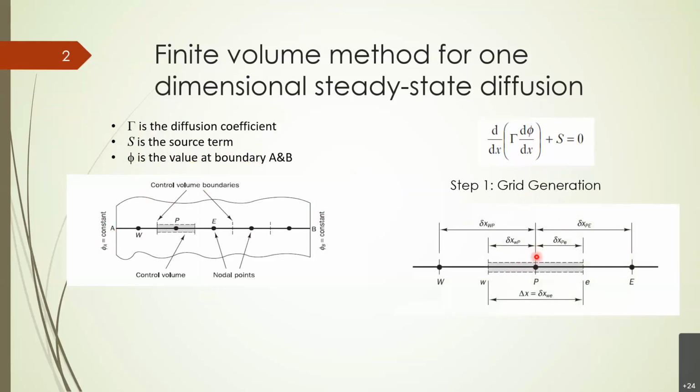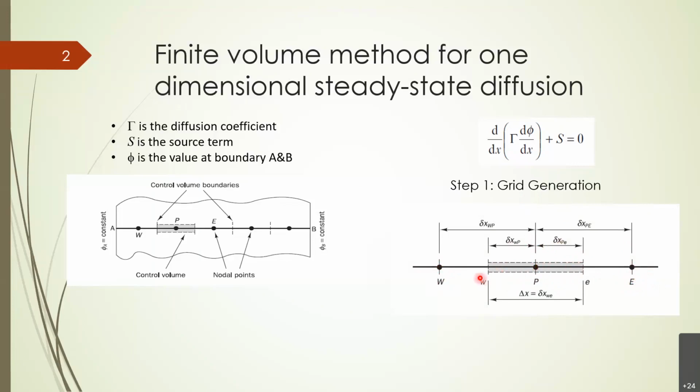Imagine that we want to calculate this point P. This point P is surrounded by a point here on the west side, which we represent as capital W, and another point on the east side, represented with capital E. This point is also surrounded by a control volume.